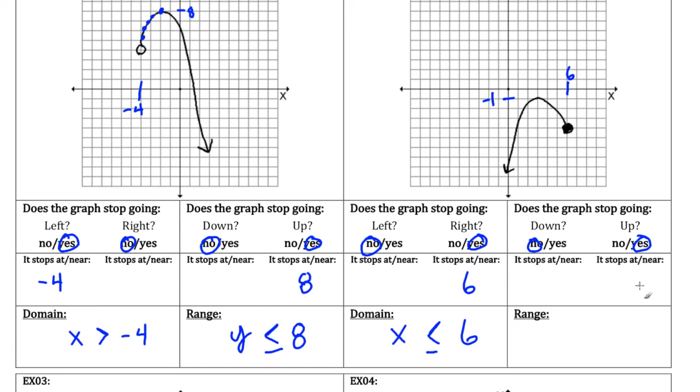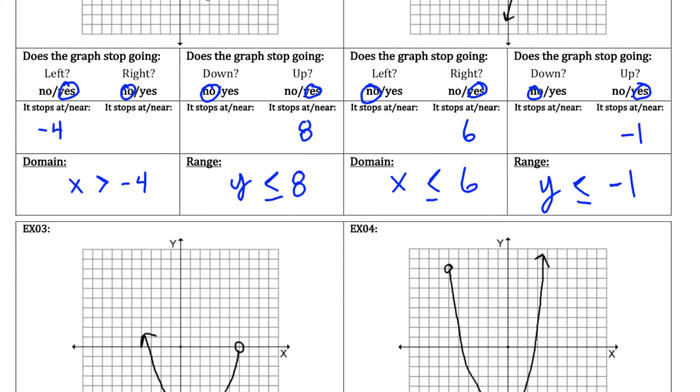So our sole limitation has to do with this -1. Everything is below this, so all the y's are less. All these points right here are below -1. Can it be -1? Well, like I said before, these are all points. So that's a point. So less than -1, or equal to.